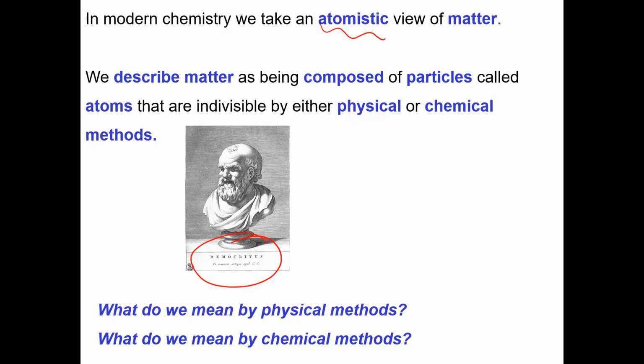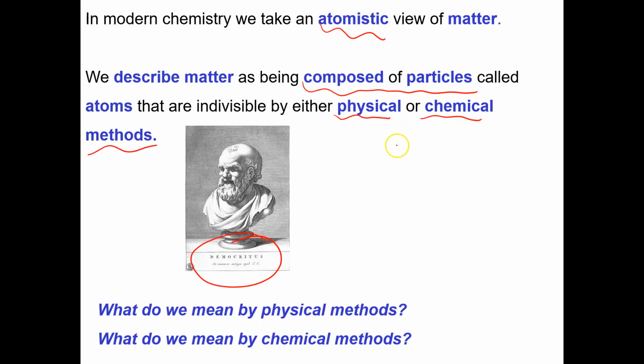There probably were earlier ones that have been lost. Basically, in an atomistic view of matter, we're describing matter as being composed of particles. We call them atoms. They're little tiny building blocks that can't be divided by either physical or chemical methods.